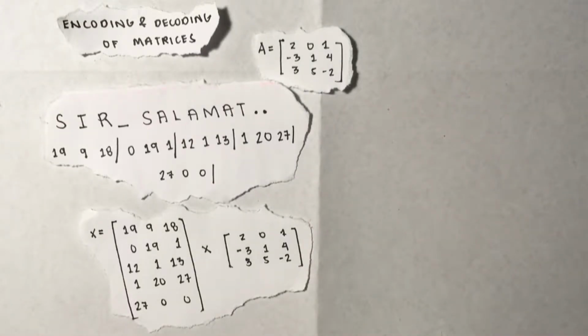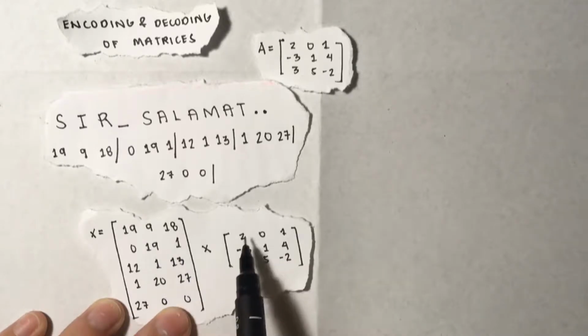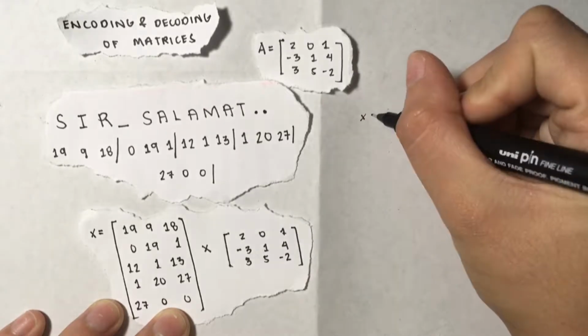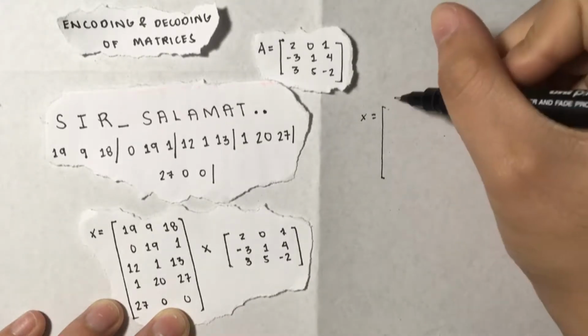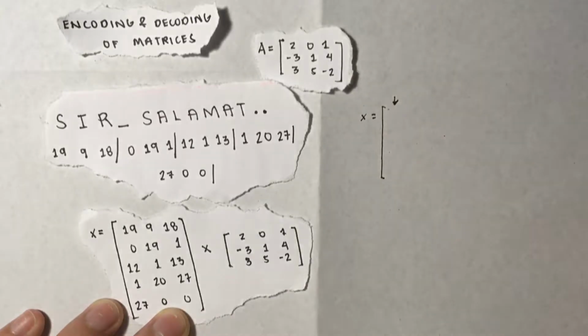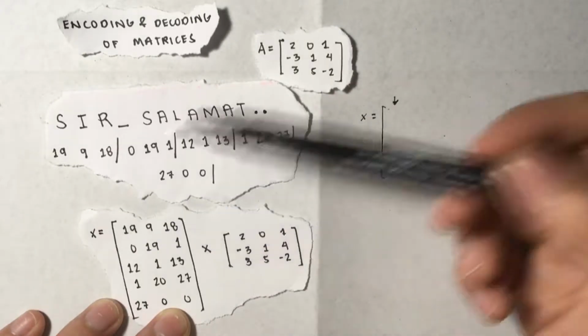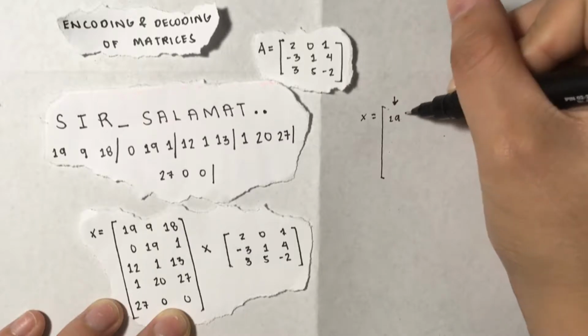Moving on, we will now start to encode the message by multiplying the translated numerical matrix by the encoding matrix. We will be doing this by multiplying the first row of the message to the first column of the encoding matrix. This is only for the first column.